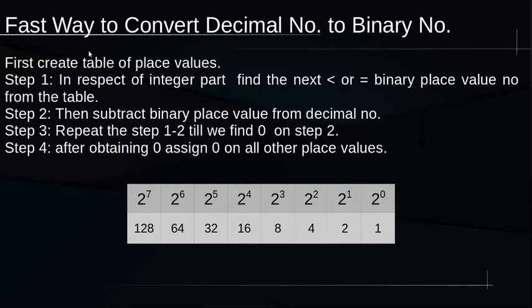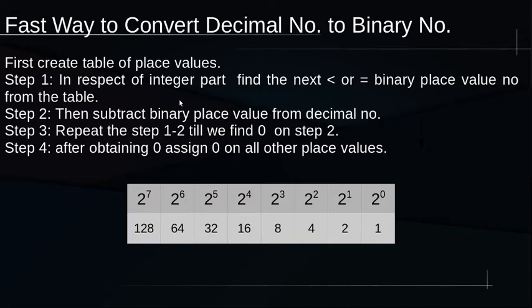You might want a fast way to convert a decimal number to a binary number. So here is a fast, quick way to do it. First, create a table of place values like this.